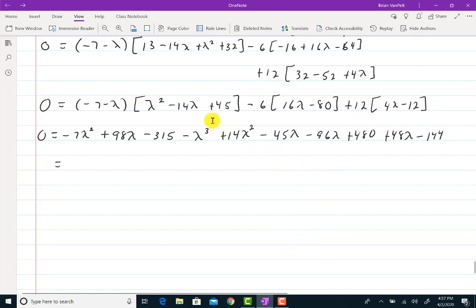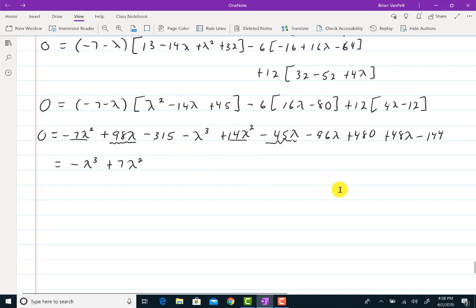The highest power I have is to the third power, so I'll put that out front. Now let me find all my lambda squareds. I have -7, I have 14, and that looks like it. So I'll have plus 7 lambda squared. Now for lambda itself, I've got a 98 lambda, a -45 lambda. So between the two of those, I'm at 53 lambda.